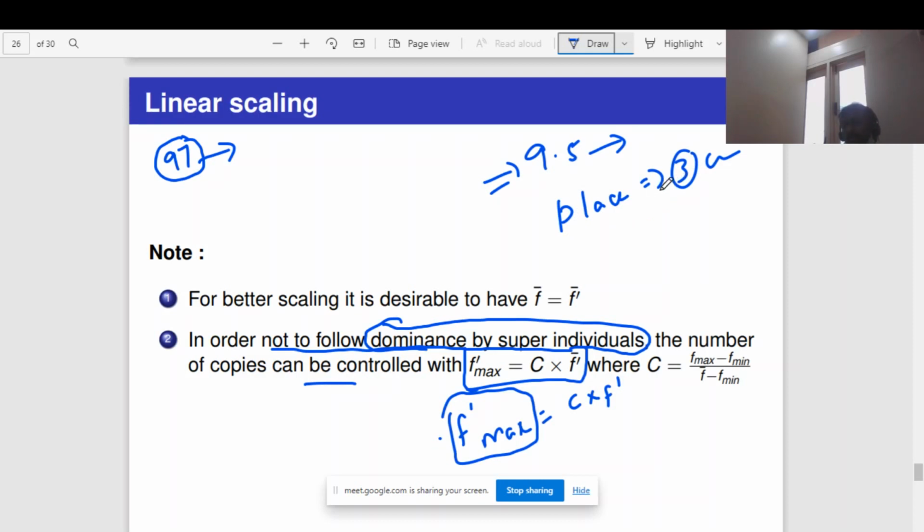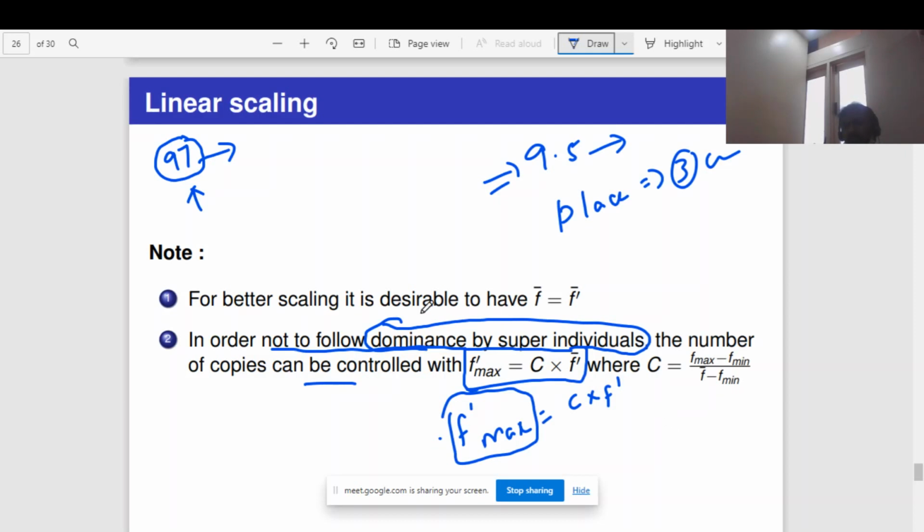Are you getting? Why? Because if he sits, then he only will be selected, right? So here also there should be an upper limit on the number of times the individual with good fitness score gets selected. That upper limit is fixed by this formula: f dash max is equal to c into f dash, where c is equal to f max minus f min by f dash minus f min.